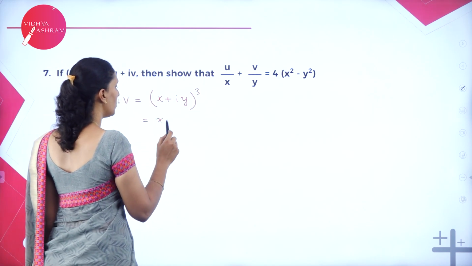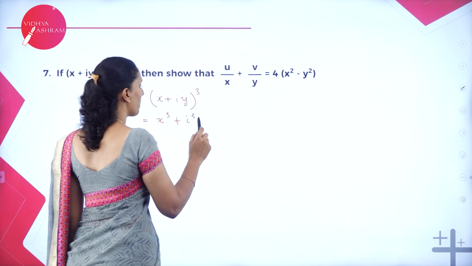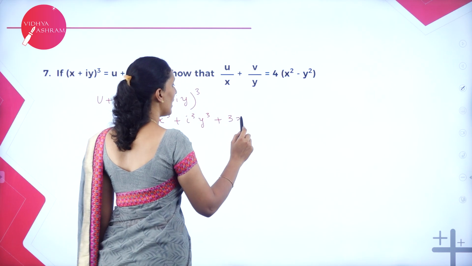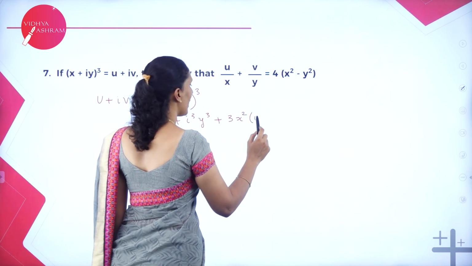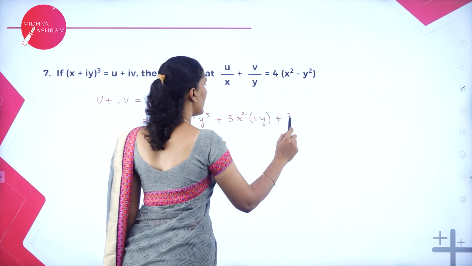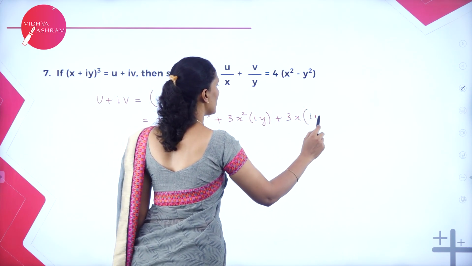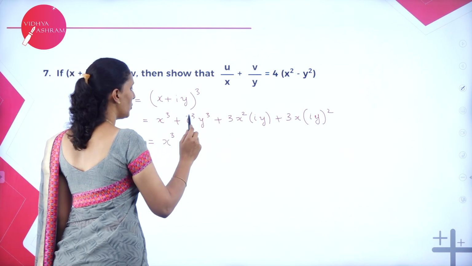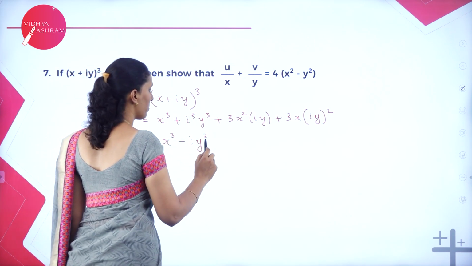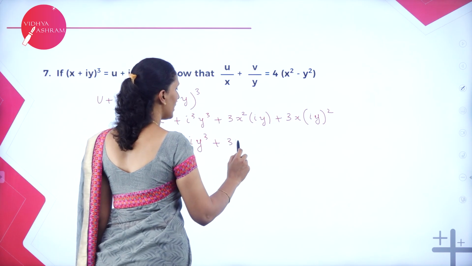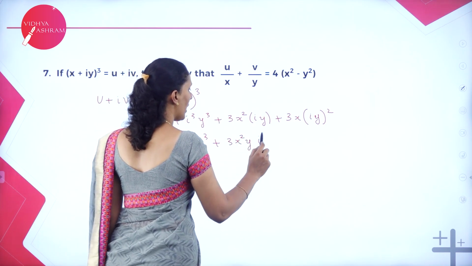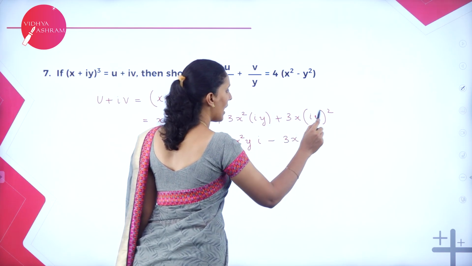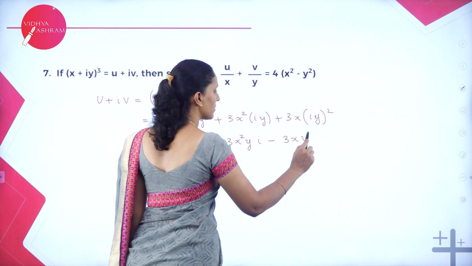So we have a cube plus b cube plus 3a square b, that is 3x square times iy, plus 3a b square, that is 3x times (iy) whole square. So x cube, i cube is minus i, plus here it becomes 3x square y into i, and here we get minus 3x y square, since i square is minus 1.